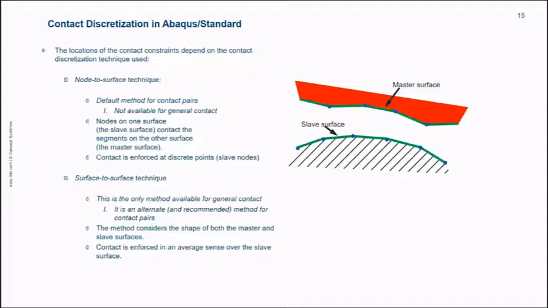This is a more sophisticated constraint, which considers both the surfaces, the master and the slave, and it is enforced in some sort of mathematical averaged way on the slave surface.